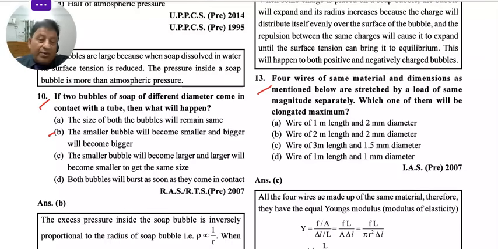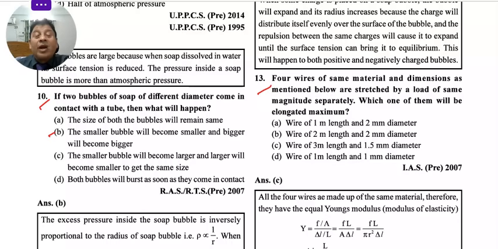You see, two wires of the same material and dimensions as mentioned below are stressed by a load of same magnitude separately, which one of them will be elongated maximum?